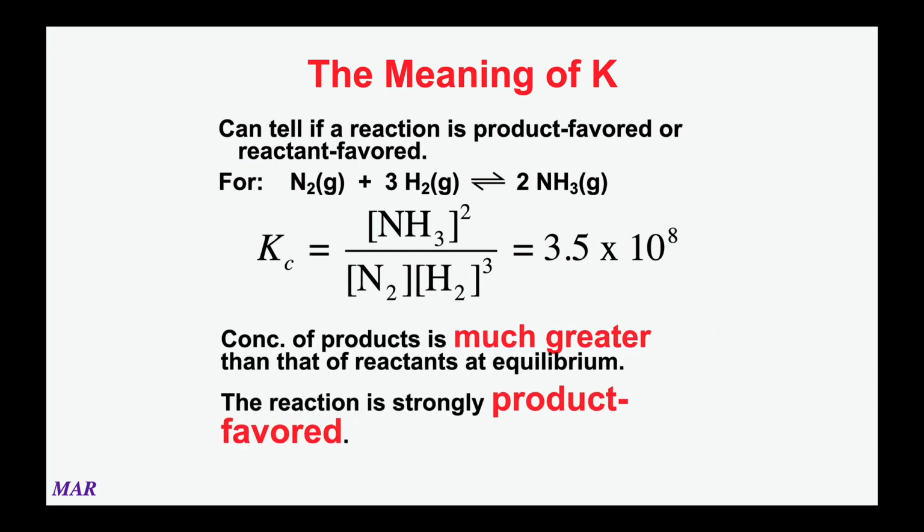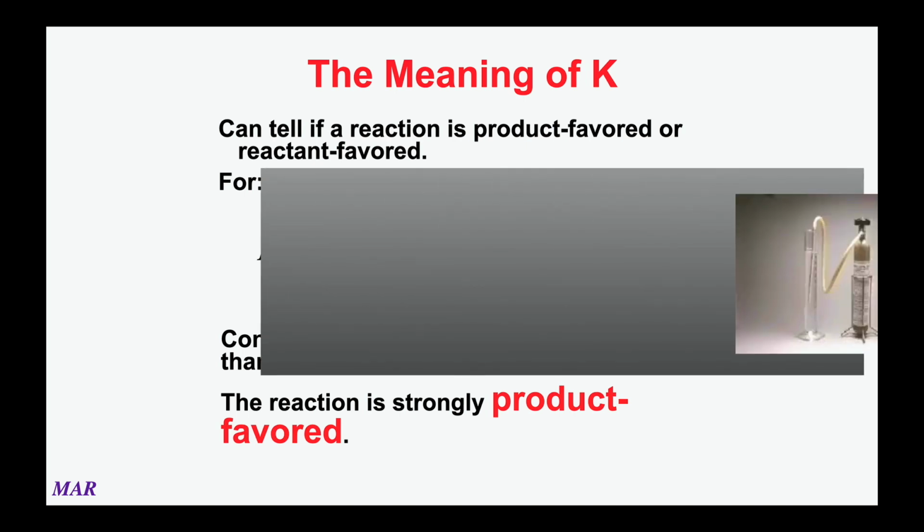So that means this is going to be a product-favored equilibrium. And once equilibrium is established, we would expect there to be more ammonia around than you'd have nitrogen and hydrogen. So again, look at the value of K, and this K is much larger than 1. You're going to have a product-favored equilibrium, more ammonia, less N2 and H2.